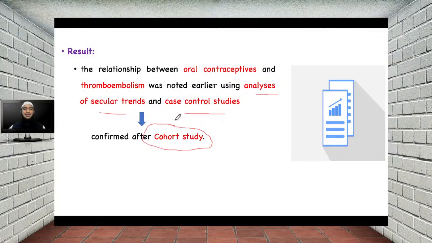Whereas in the analysis of secular trend, you can only say it might be due to, because you do not have data on both exposed and unexposed groups, since that data was taken from medical reports, or it is a retrospective study. Due to that, you have limitations in secular trend and case control study. Now with the help of the cohort study, you can confirm your assumption and reach the conclusion. So this could be a good result of the cohort study.